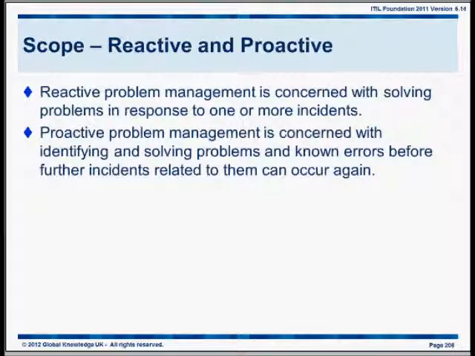Within problem management, we have reactive problem management, for example when an incident is recurring 5 times per month. We will create a problem record and start investigating why this incident is happening and how to prevent it. And sometimes it is proactive. We figure out that there is a problem in another company.